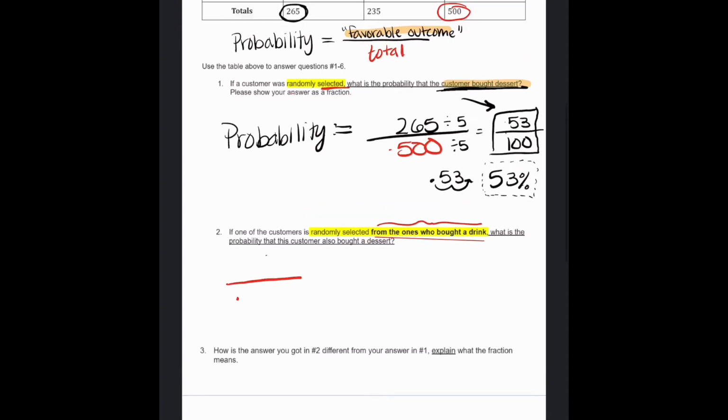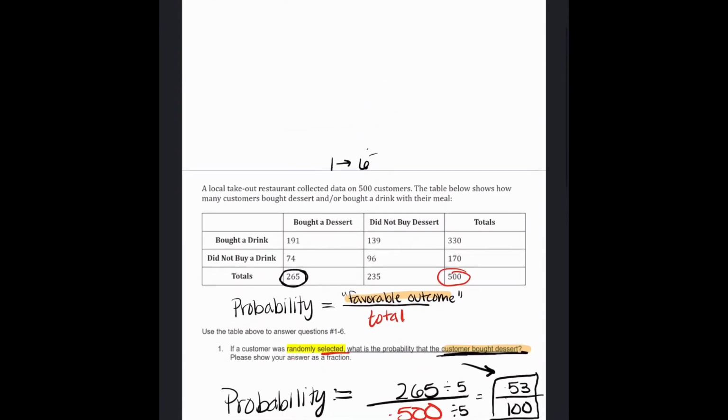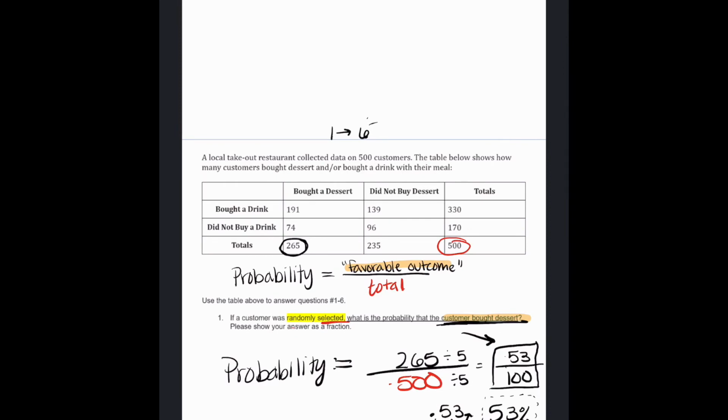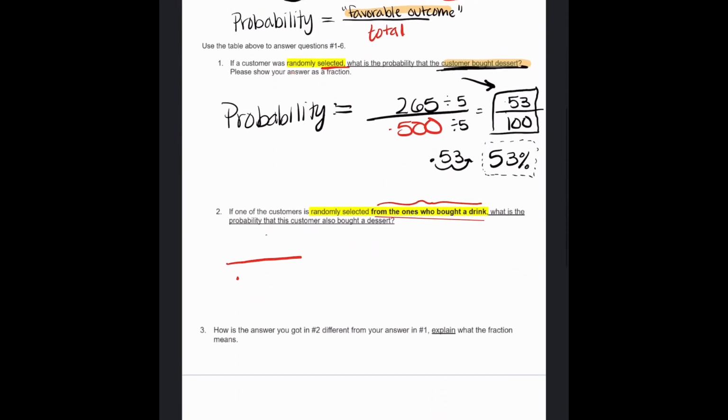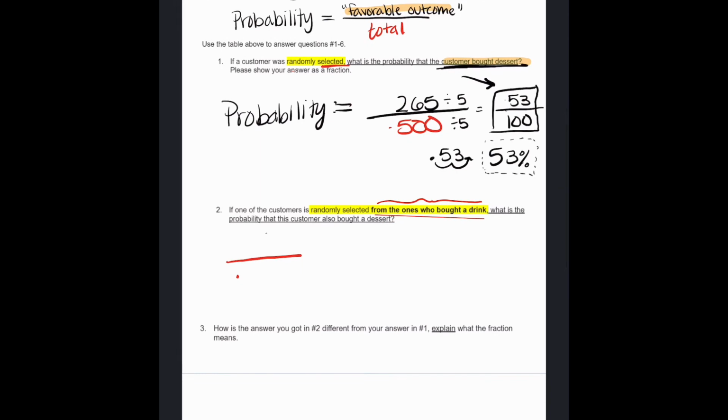So I'm going to go to my table and look, who bought a drink? In total, 330 people bought a drink. So if a customer is randomly selected from that 330, that's going to be my new total down here, 330.